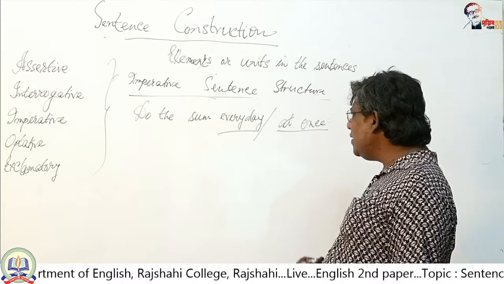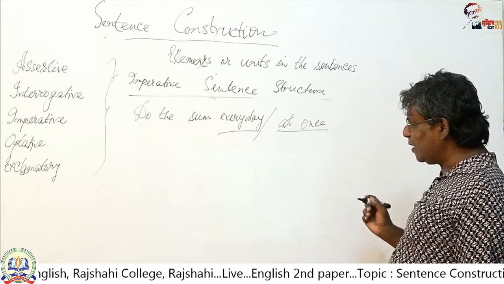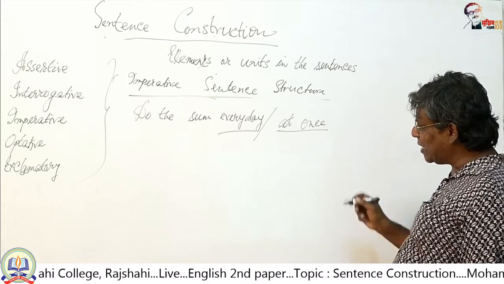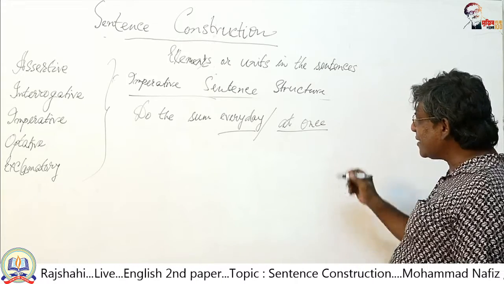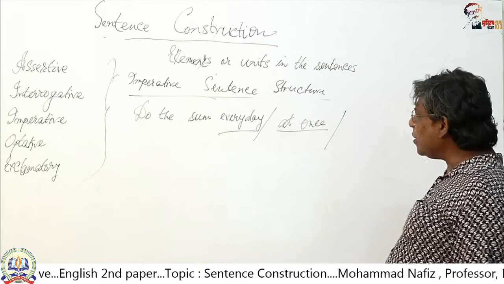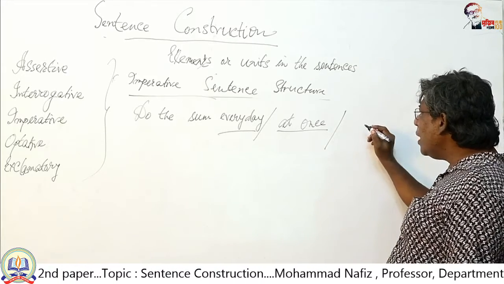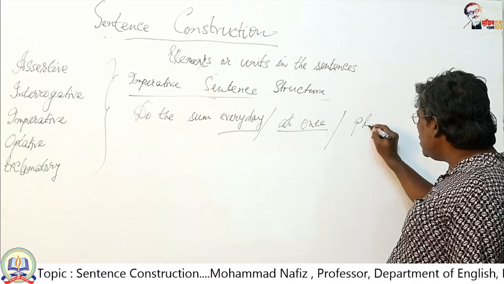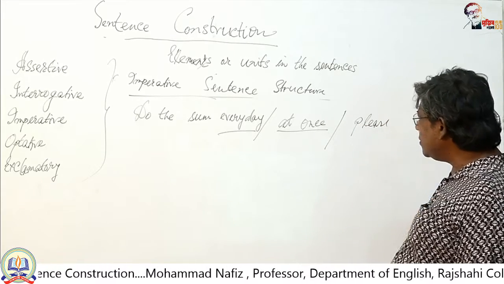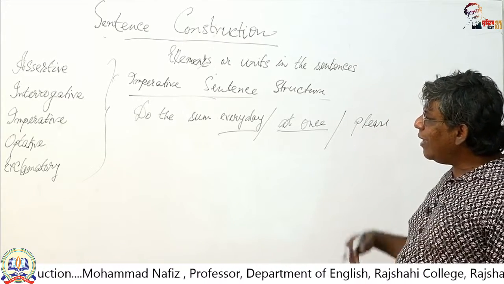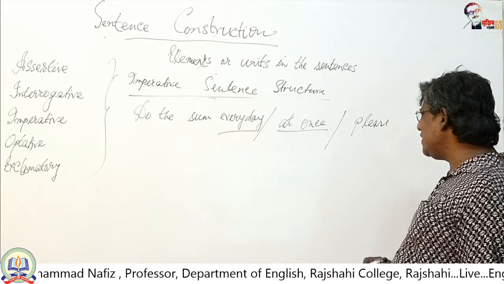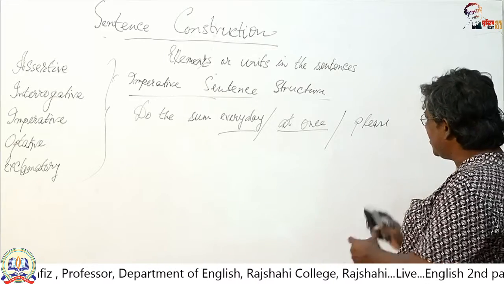When we use a phrase such as at once, we mean an order. And when we use a word like please, we mean a request.